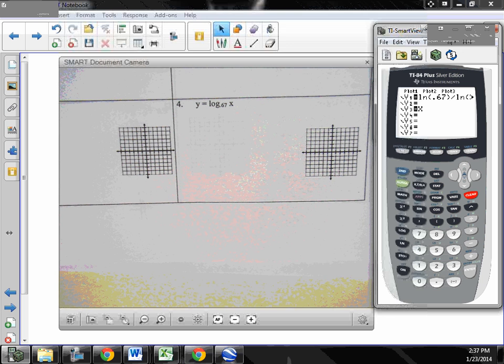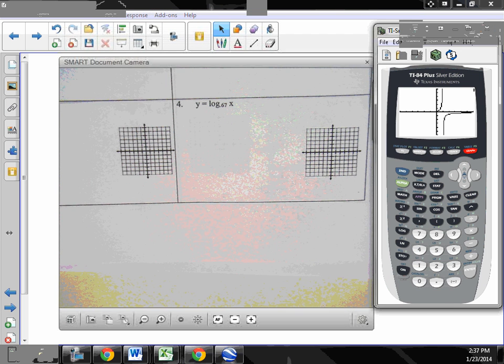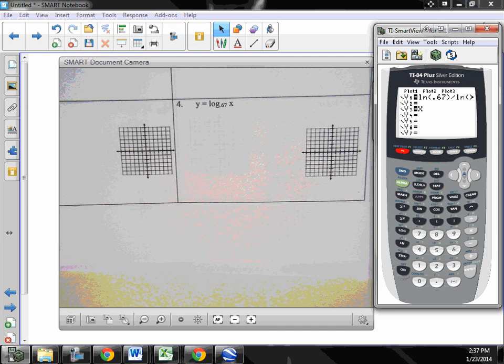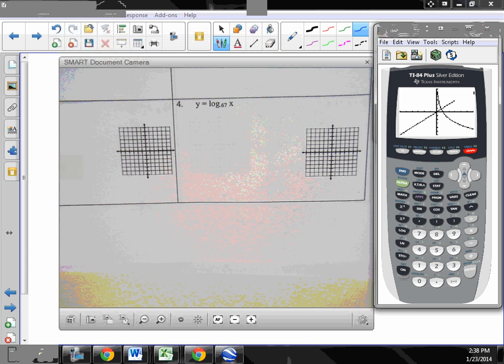Okay, see what that looks like. Did I not get rid of the other one? Oh, I did it backwards. Yeah, that definitely didn't look right. ln of x divided by the ln of 0.67. There we go. That looks better. So this looks like that.